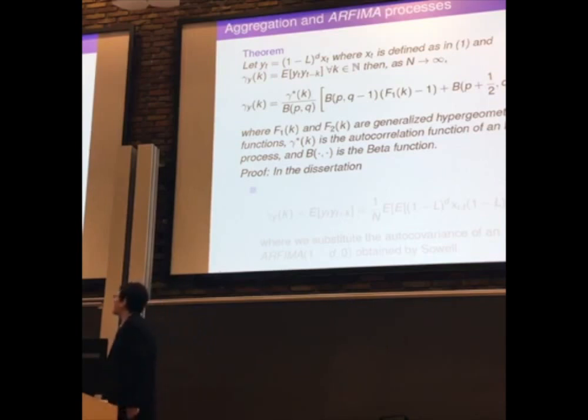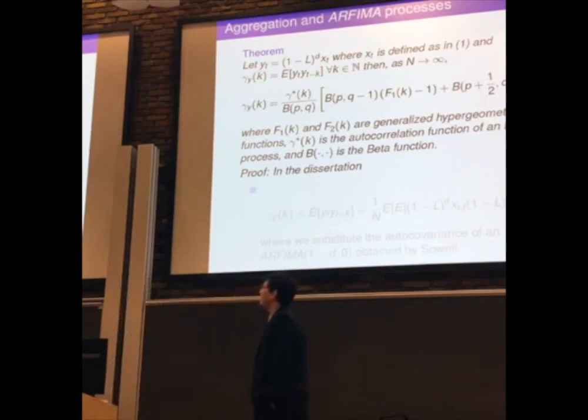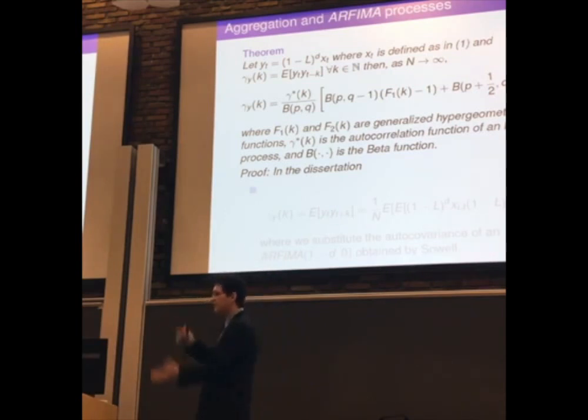We obtain this expression. It looks a little nicer here than it should, because I'm just adding up a bunch of things, this F1, F2, this complicated expression. Nonetheless, it has two main components. This is the autocorrelation function for Y, the fractionally differenced process. It has this gamma star, which comes from a fractional difference. This is the autocorrelation function of an I(-d) process, so an over-differenced process, one where we take out more memory, so we go to the negative side of the long memory, these anti-persistent processes.